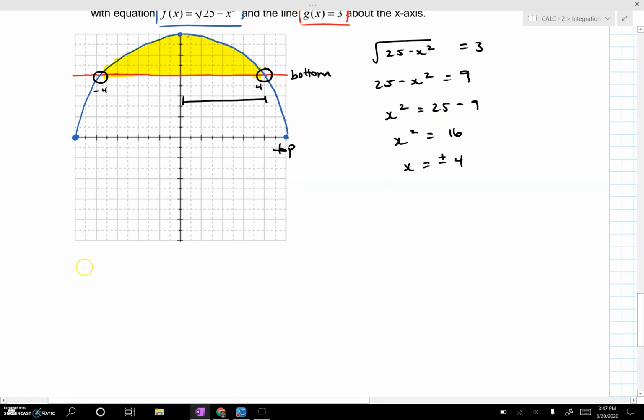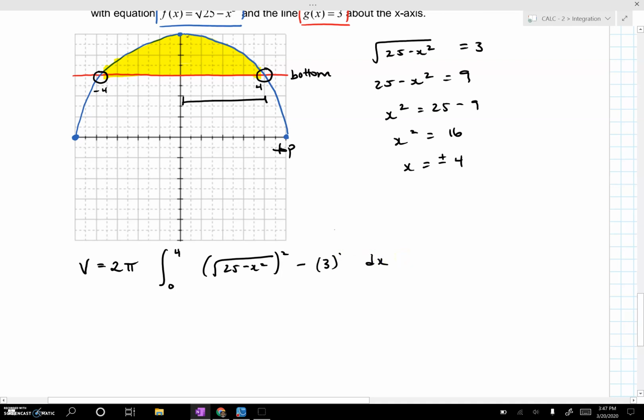So here, the volume is equal to pi, and I'm going to put the 2 in, so it's going to be 2 pi, the integral from 0 to 4. The top function is the root of 25 minus x squared, all squared, minus the bottom function, which is just 3 squared, dx.